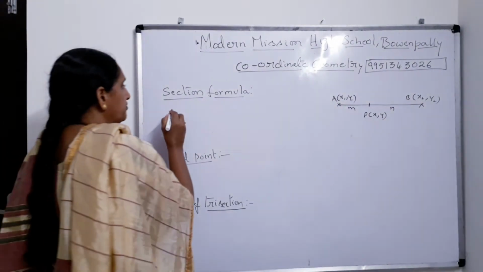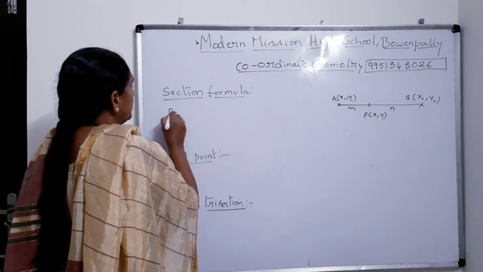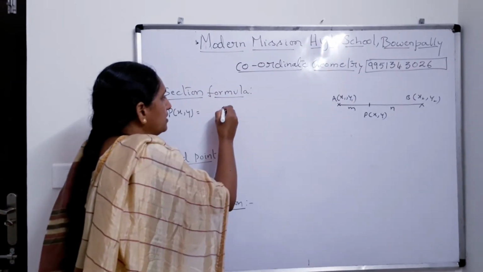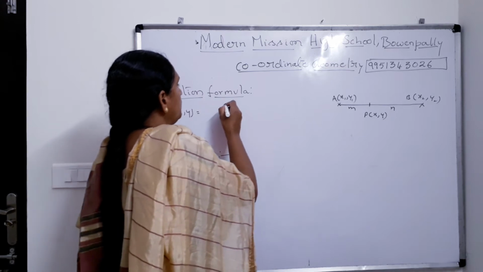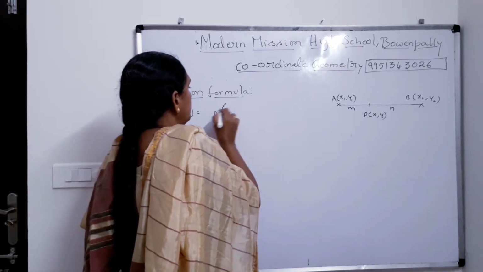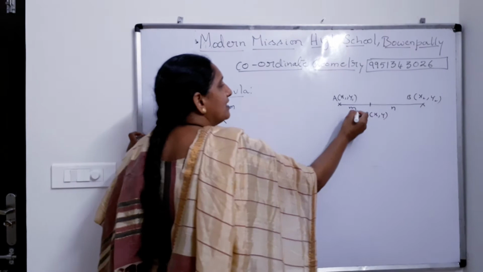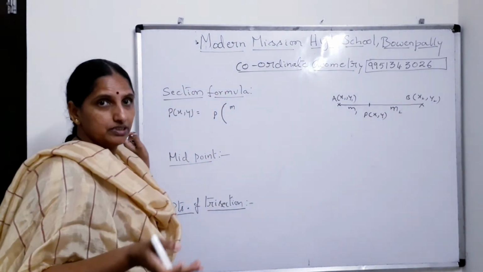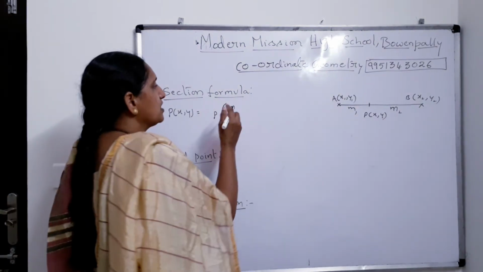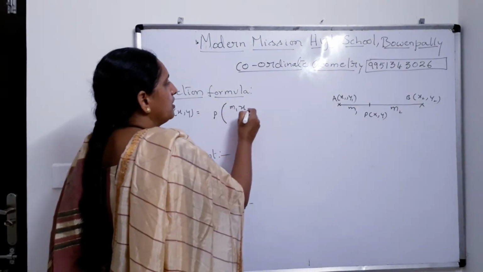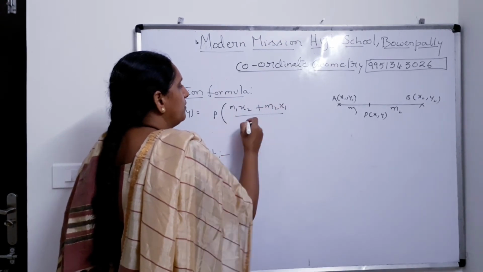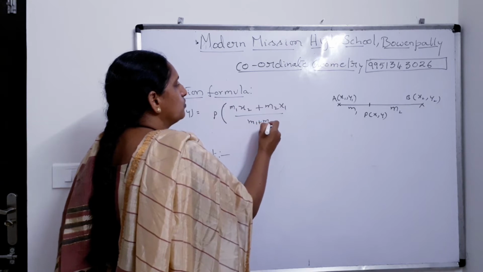So here is the formula for that. P of x comma y can be determined by knowing the x and y coordinates. P is equal to P of, let us take it as m1, m2, because this is how it is given in your textbook, so I am using the same notation here. m1 x2 plus m2 x1 divided by m1 plus m2.